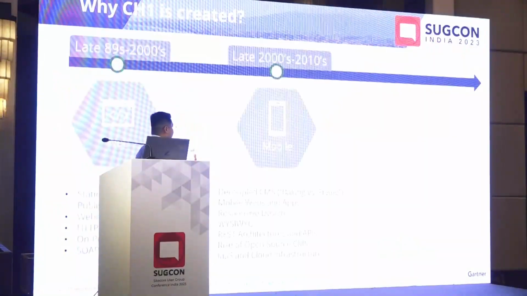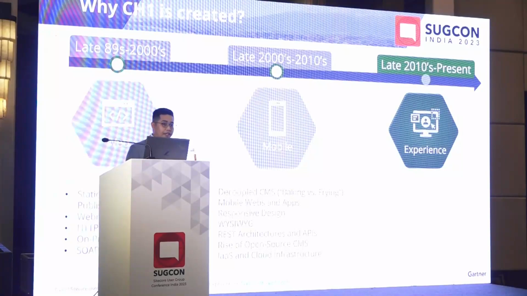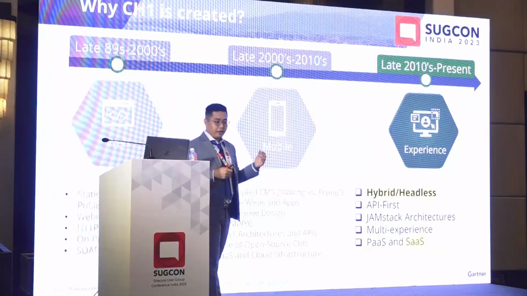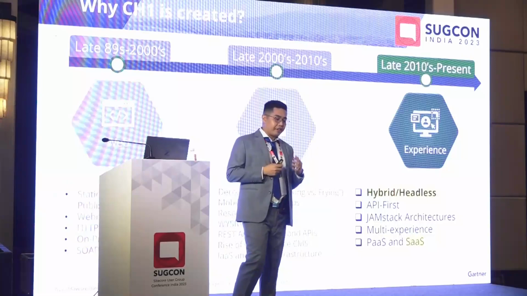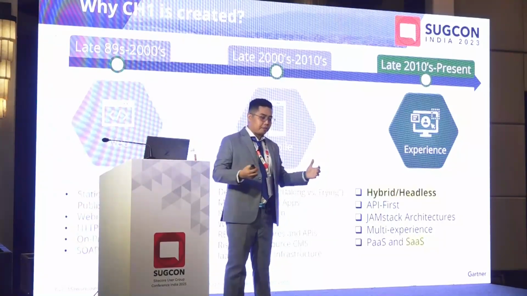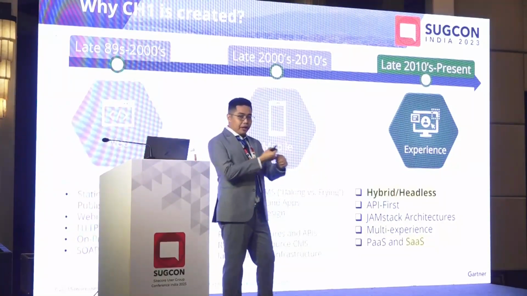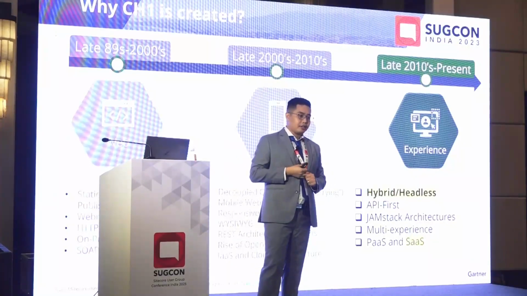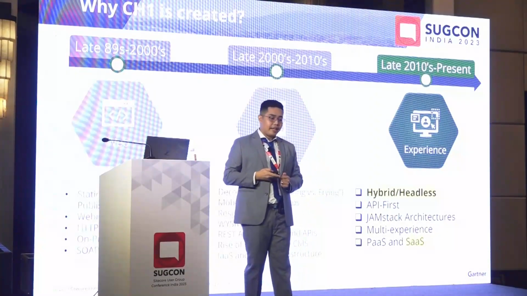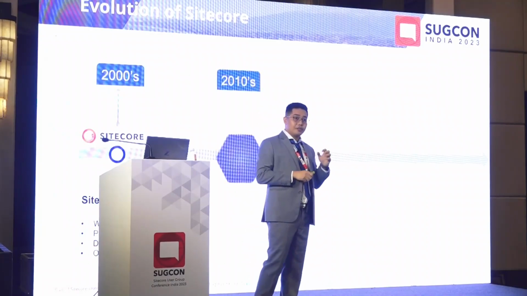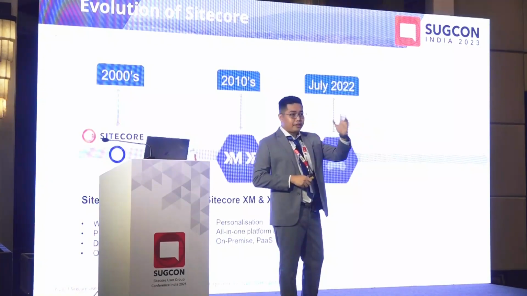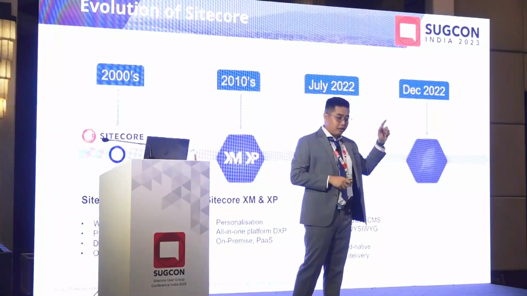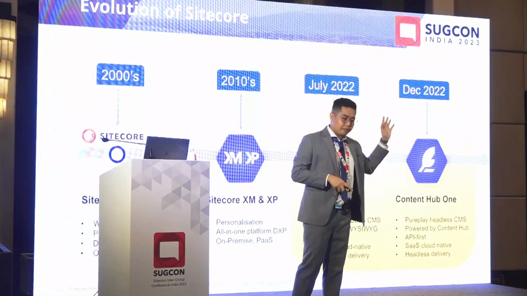But why did we create Content Hub 1? There's always this mind shift in the digital marketing space to go microservice, API first, cloud native and headless. That's the reason why Sitecore also moved in that direction. We started Sitecore since version 1, which is about the 2000s.